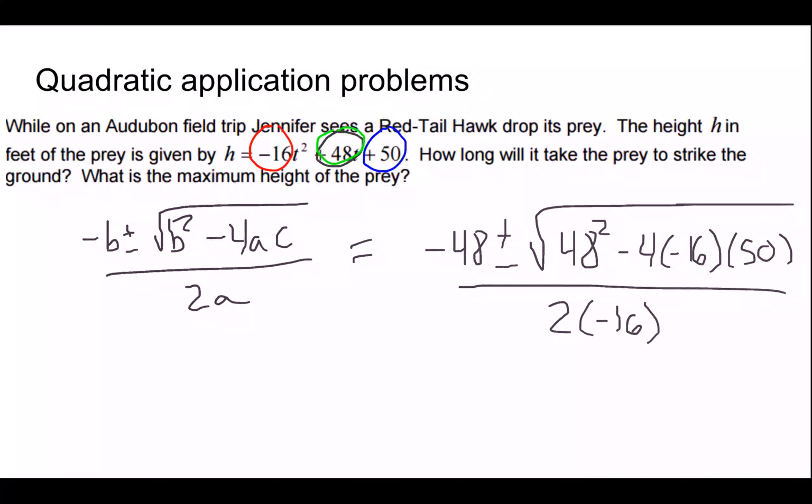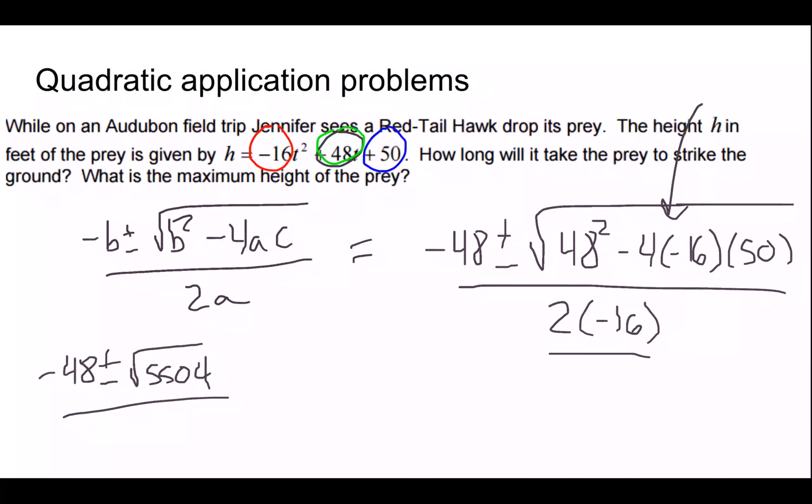In my calculator, I'm going to plug in the part under the square root first to find out what it would equal. When I plug it in, I get negative 48 plus or minus the square root of 5504, all over, well, 2 times negative 16 is negative 32. Since I have a plus or minus, I'm going to break this up into two answers, my top one being the positive and my bottom one being the negative.